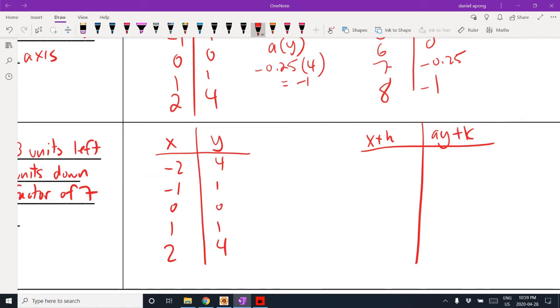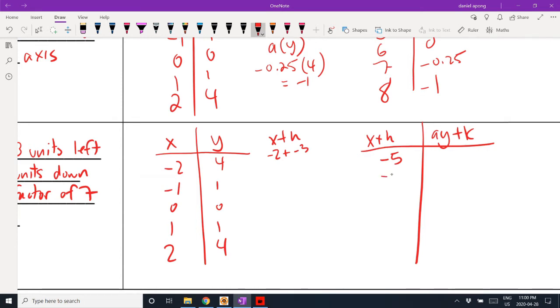So x plus h is going to be -2 plus -3, which is -5. And if you notice, we just go up by 1: -2, -1, 0, 1, 2. So I don't have to calculate them each time. I just know they go up by 1 every time. So this is -5.